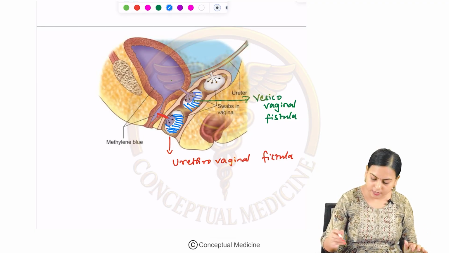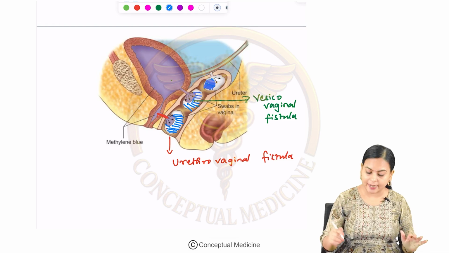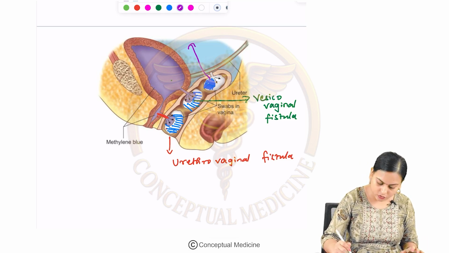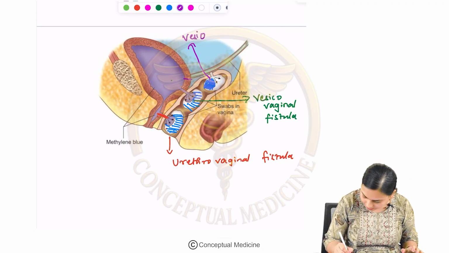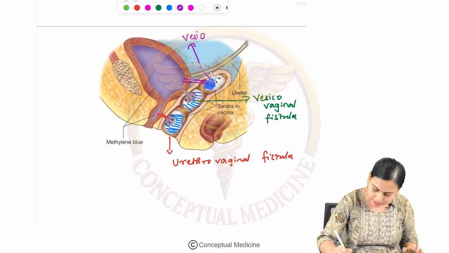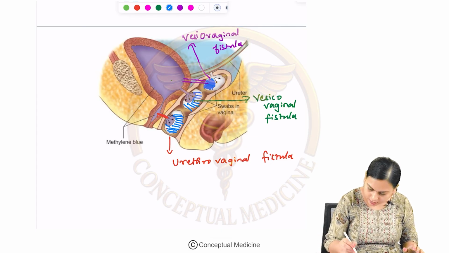Okay, suppose let's consider if it is stained with dye. Okay, if it is stained with dye then it is a case of vesicovaginal fistula. The connection can also be like this, right? So it can be vesicovaginal fistula, and in this picture they have given a connection with the ureter.